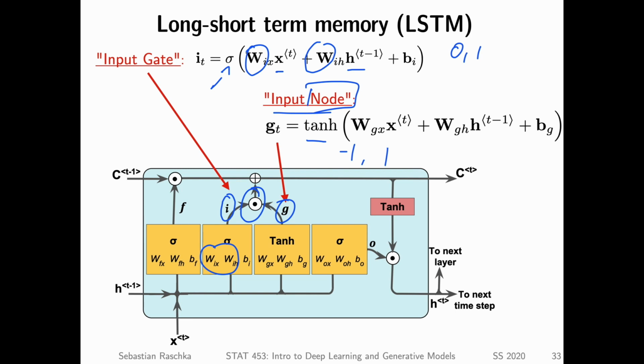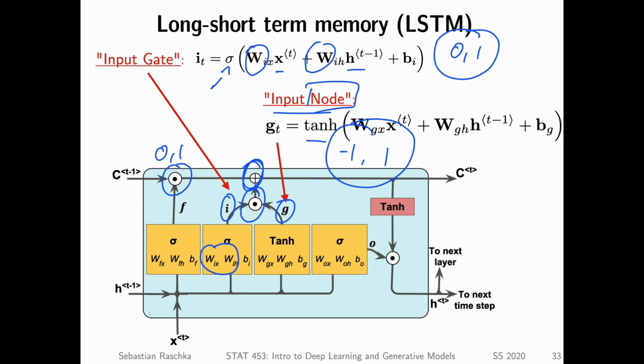So we multiply outputs between 0 and 1 with outputs between -1 and 1, and we then use this element-wise addition to add it to the cell state, which has been multiplied with 0 or 1 through the forget gate. So the forget gate controls whether the cell state is reset or kept. And this addition here, you can think of it as updating the cell state by adding a value to it.